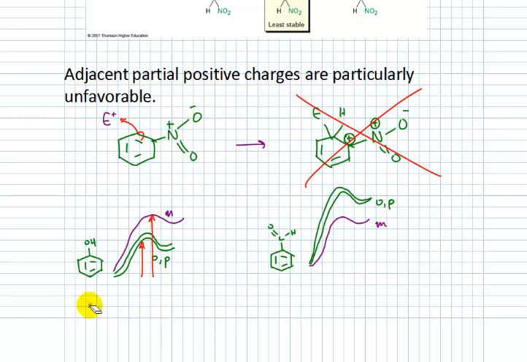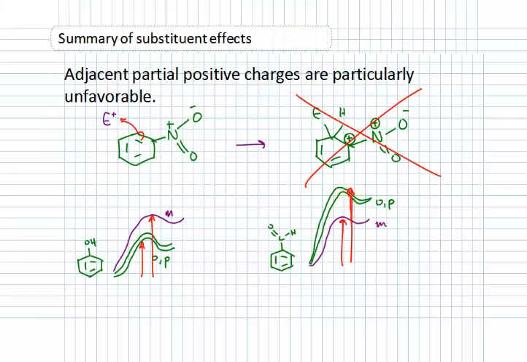This is why typically ortho-para directors tend to be activators, because that's going to be a fast reaction, and meta directors tend to be deactivators because in general that reaction is slower than this one right here. I always think of it in those terms like that.